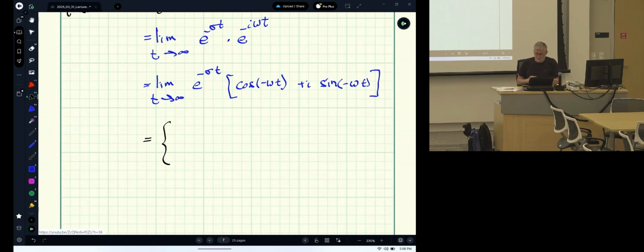Okay, so this limit is equal to what? Well, sigma is positive, so minus sigma is negative. So we have e to a negative number times t as t goes to infinity. That goes to 0.